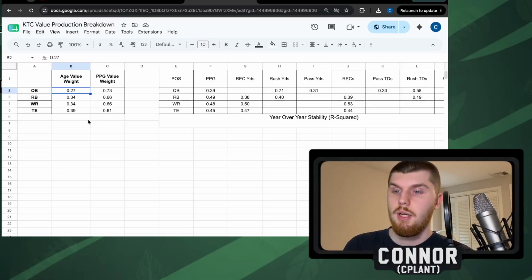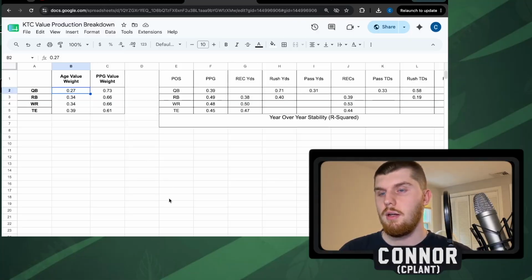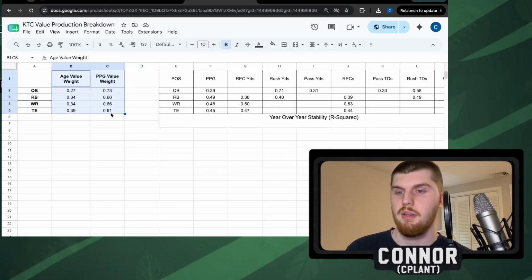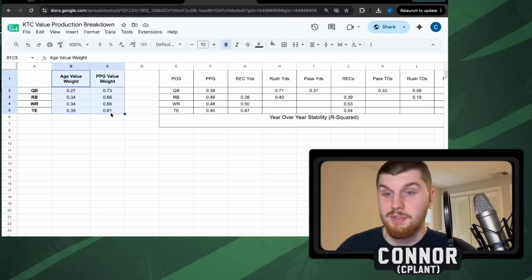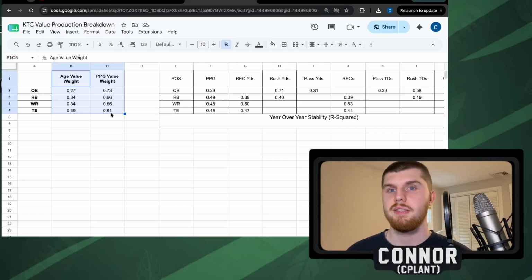And so when you're looking at this, every player's age value is roughly weighted the same. There's slight variation. Same with points per game value. So because this is only accounting for 70 to 75% of the variance, we can approximate that points per game, and I thought this was really cool, explains about 45 to 50% of the variance in KeepTradeCut value, right?